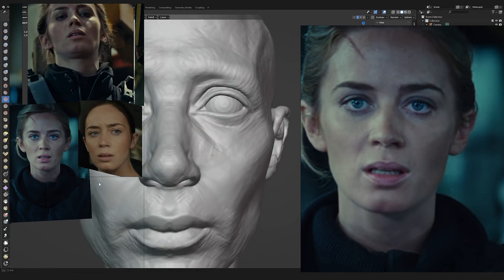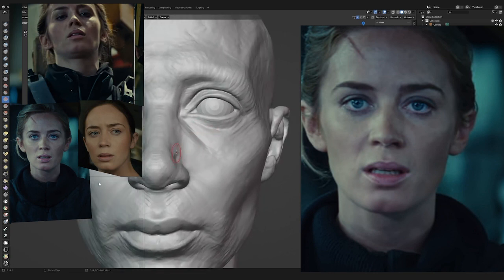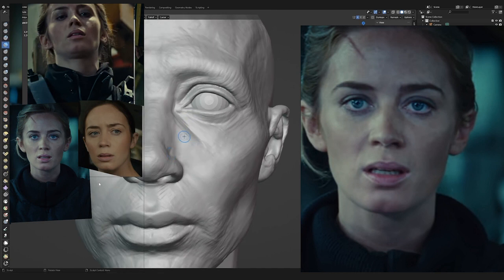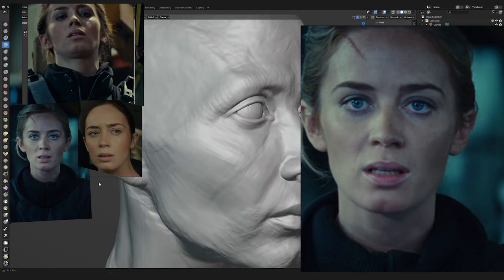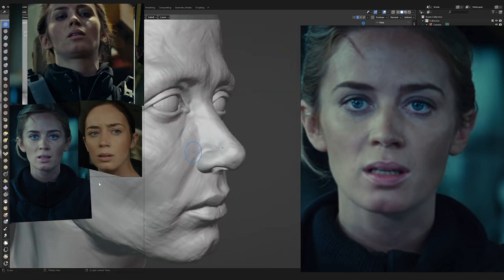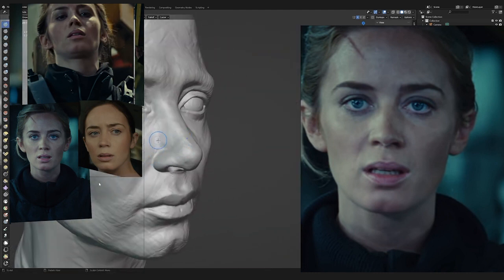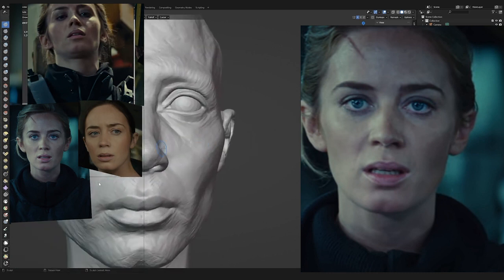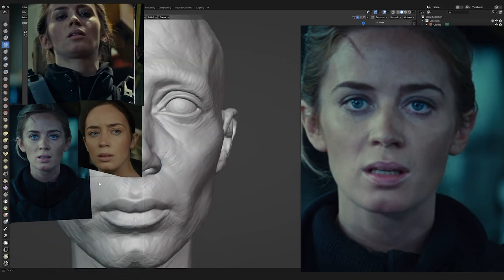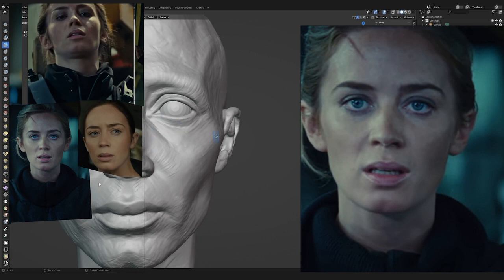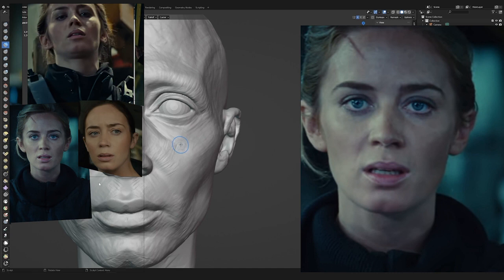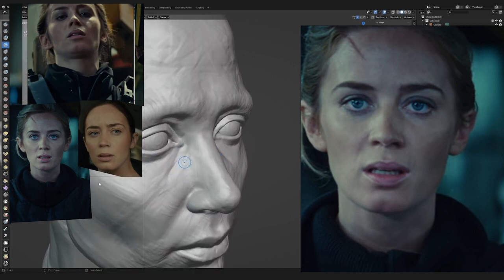Because ultimately, I think that the essence of a face is one of the key components of a likeness, making them look like who they are, but it can also be conveyed through a lot of different things, okay? You have people whose essence can be something as simple as a beauty mark or a mole somewhere on their face, and having that mole at that particular location makes that person look exactly who they are.